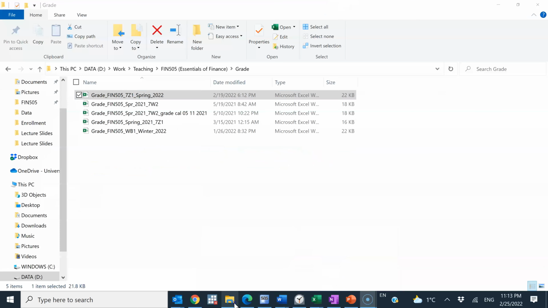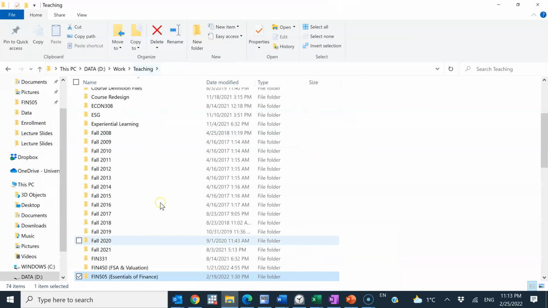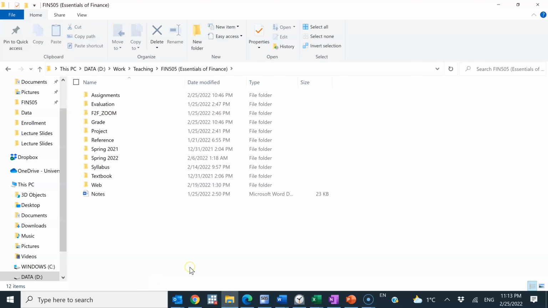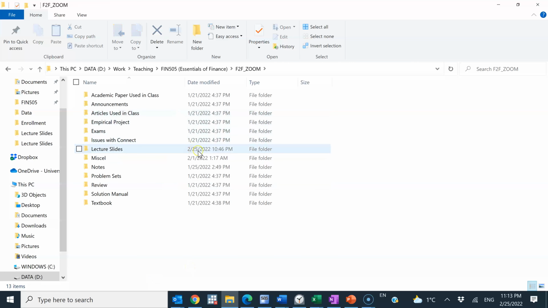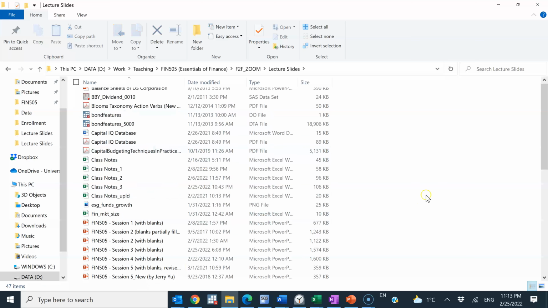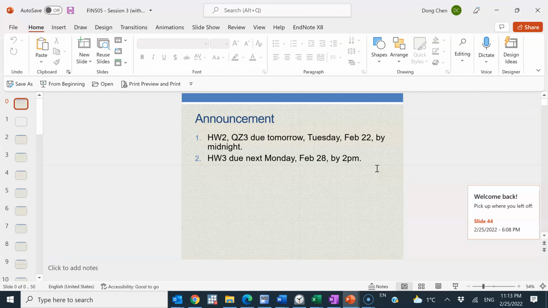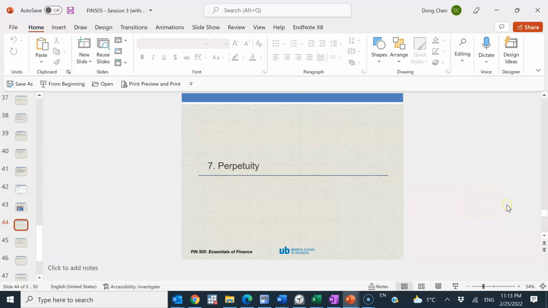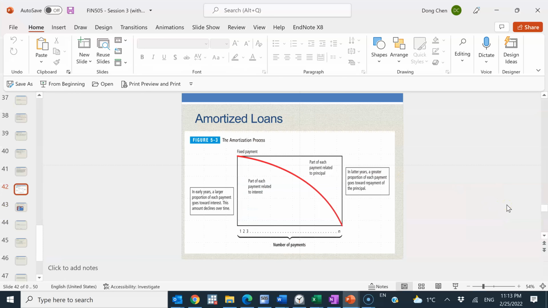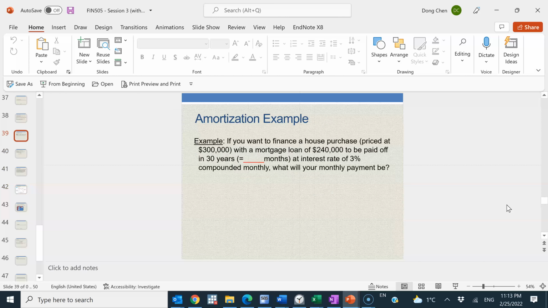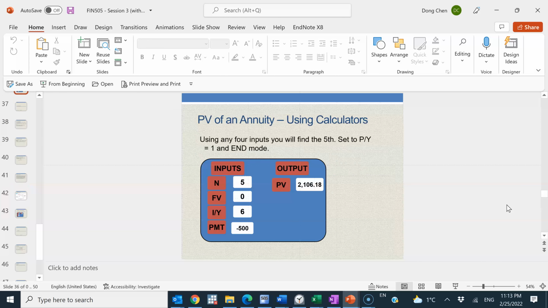This is an important example that tells us when to properly apply the formula for the present value of an ordinary annuity, as we talked about in class. The formula we talked about in class can only be applied to an ordinary annuity.